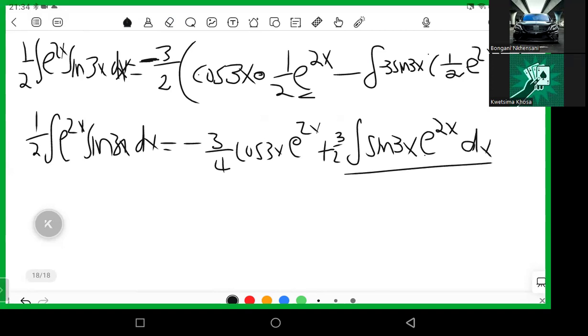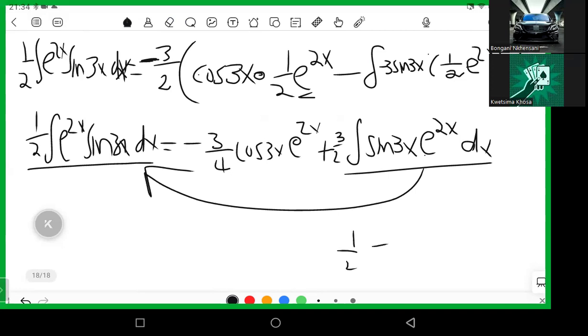So these two are the same, so you take this one to the left. So we're going to have 1 over 2 minus 3 over 2. This one will give us negative 1.